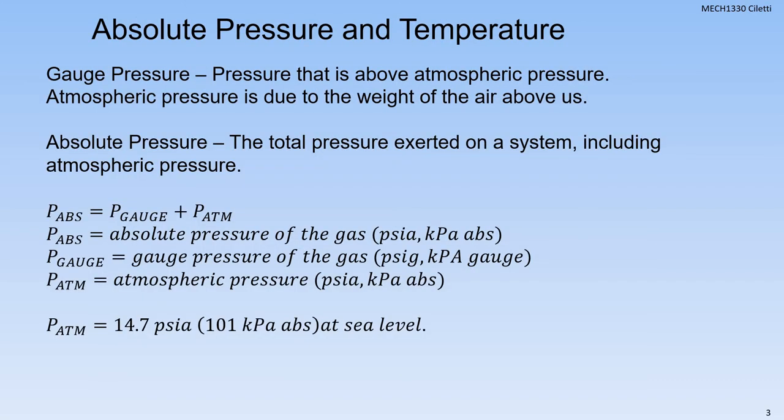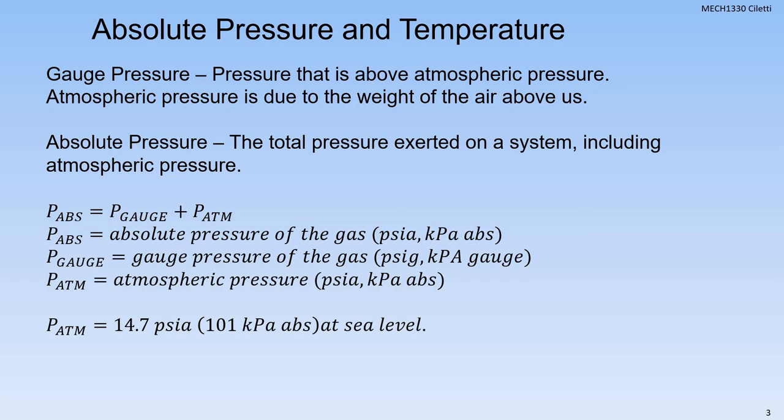Okay, now we need to start talking about different types of pressures that we're going to use for the next few chapters. Okay, we have gauge pressure. Pressure that is above atmospheric pressure. Everything we base stuff on is going to be at atmospheric pressure, and then we're going to go above it for anything that we're doing or using equipment, or we're going to go below it if we want to create a vacuum. We're going to talk about that at the end of the chapter.